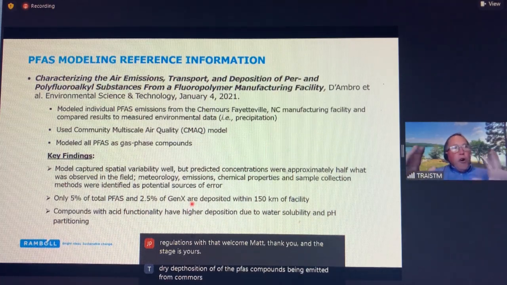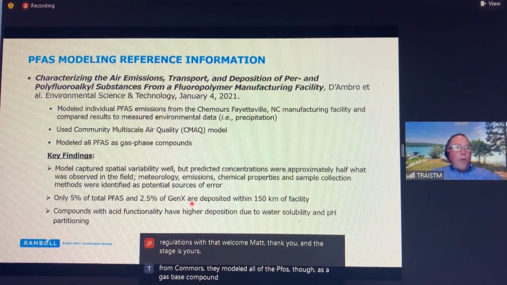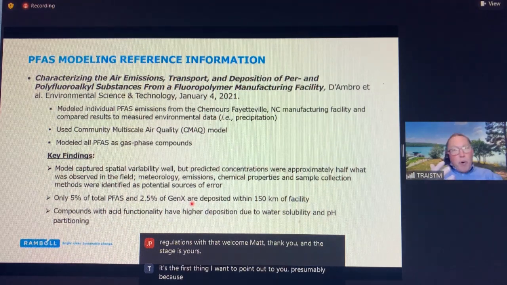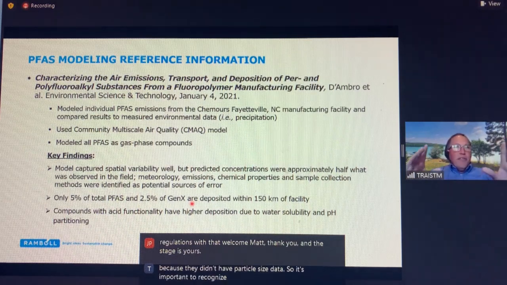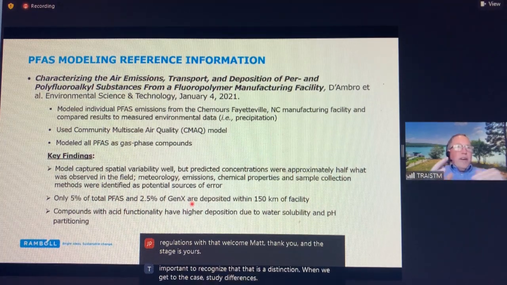They modeled all of the PFAS, though, as a gas-based compound. That's the first thing I want to point out to you, presumably because they didn't have particle size data. So it's important to recognize that that is a distinction when we get to the case study, a difference that you need to be aware of as a modeler.